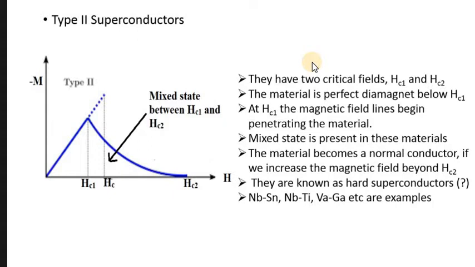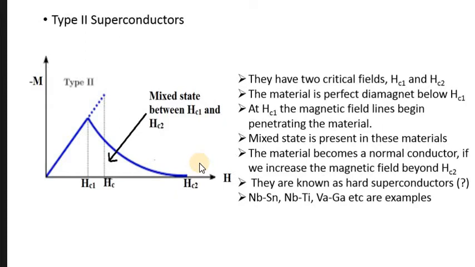Mixed state means the state between Hc1 and Hc2, because in this state magnetic flux is also present. This magnetic flux is able to penetrate inside the material between Hc1 and Hc2 in quantized units, and that quanta of magnetic flux is known as vortices.